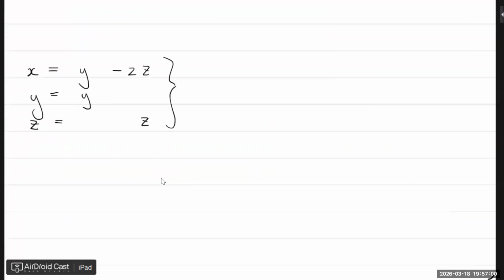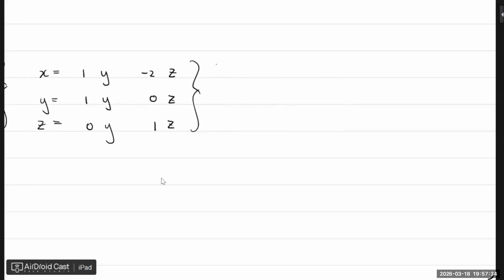Now, I can rewrite this better. I can say x equals, look now, here's y, and then here's z. So I have one y, 0 y's. I have negative 2z, 0z, and 1z.